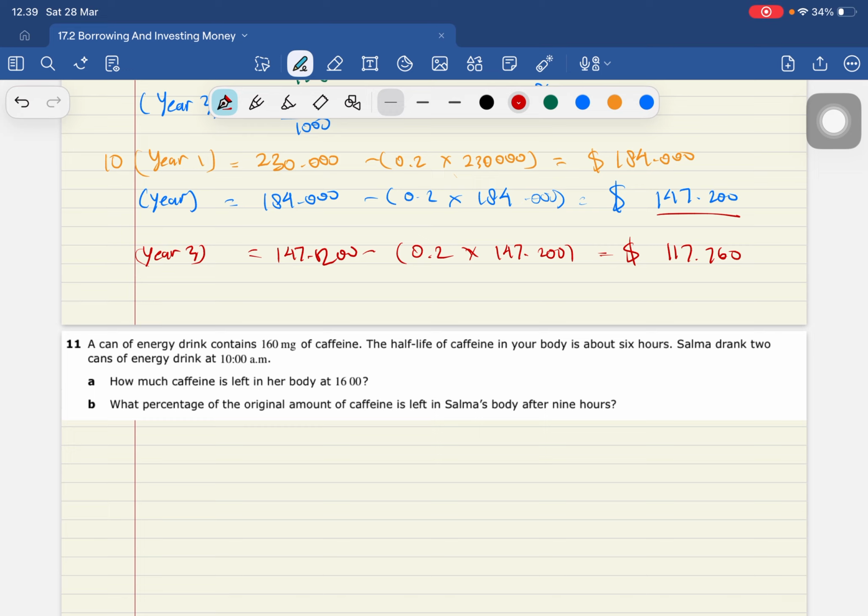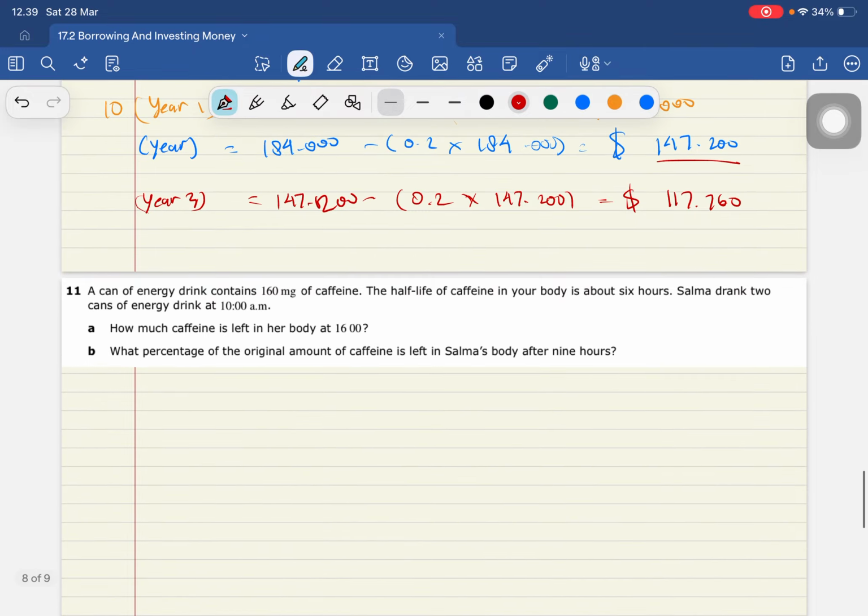Let's take a look at the question. The can of energy drink contains 160 milligrams of caffeine, and the half-life of caffeine in your body is about 6 hours. Salma drank 2 cans of energy drink at 10 a.m. How much caffeine is left in her body at 16 o'clock?